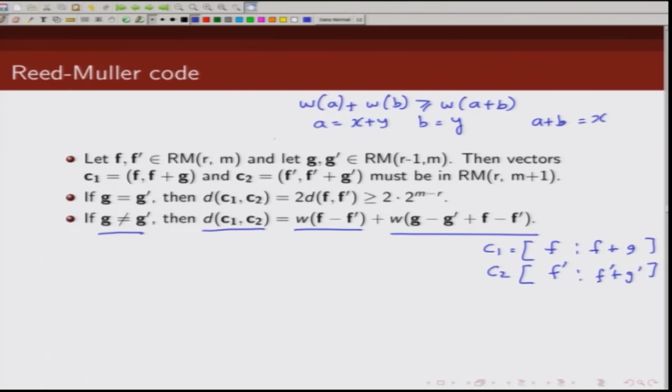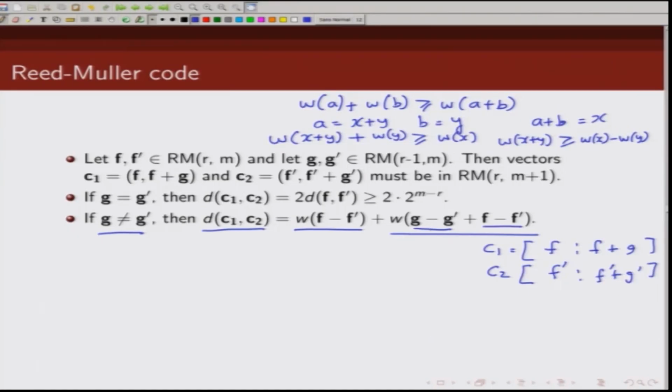So, what we get is the weight of x plus y plus the weight of y is greater than or equal to the weight of x. Or we can write the weight of x plus y is greater than or equal to the weight of x minus the weight of y. Next, we are going to make use of this result to simplify this expression. You can consider this as my x and this as my y.